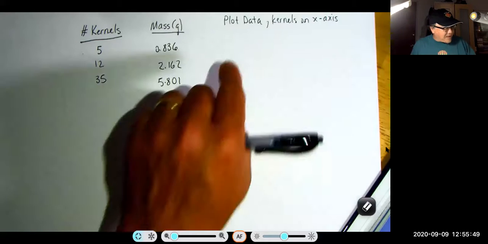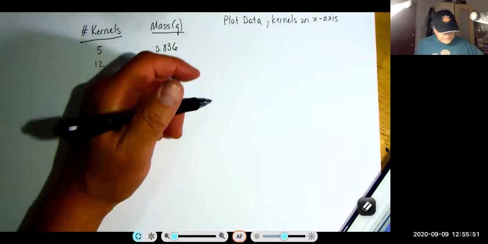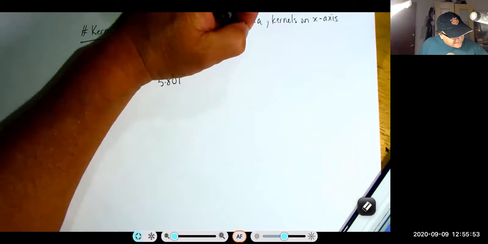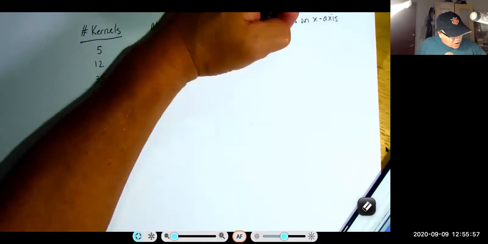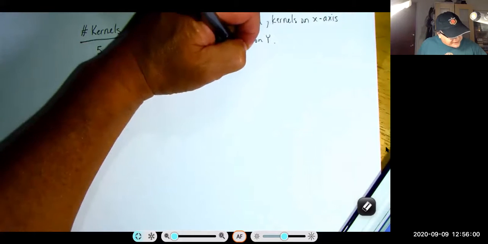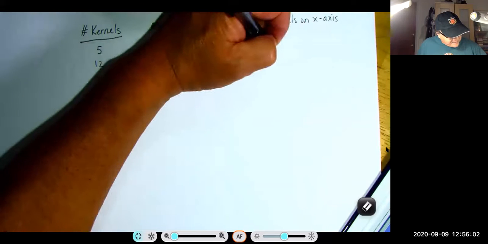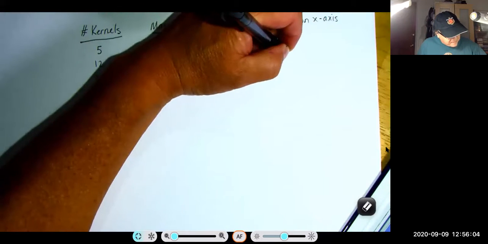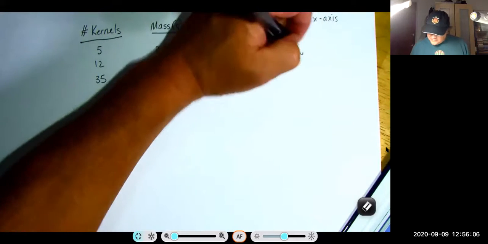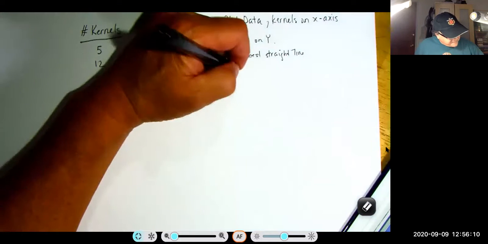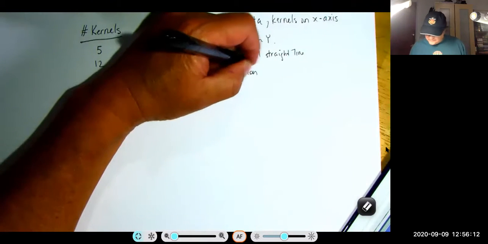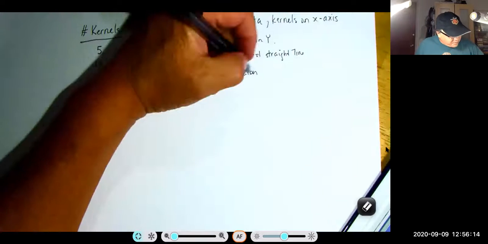All right, plot the data, kernels on the x-axis, mass on the y. Draw the best straight line, get the equation. What is the slope?